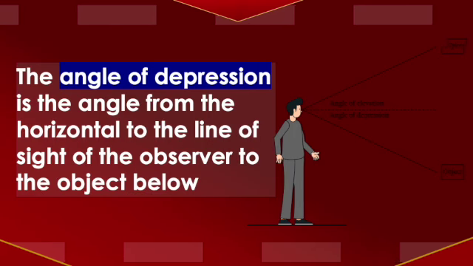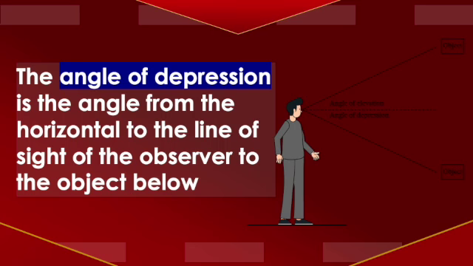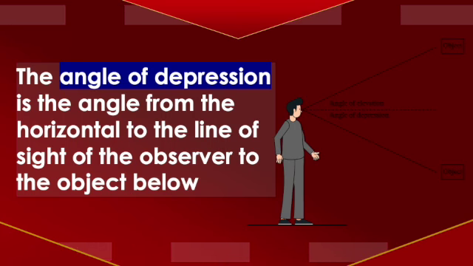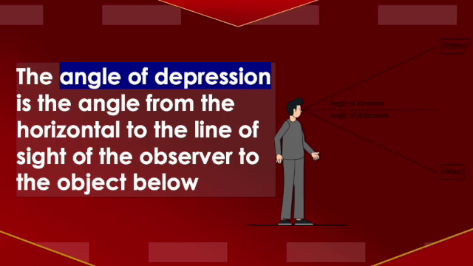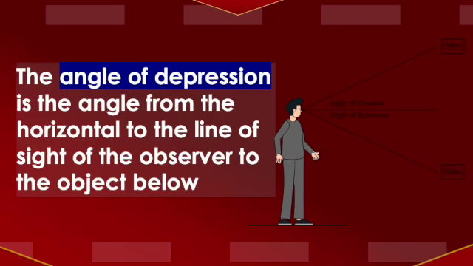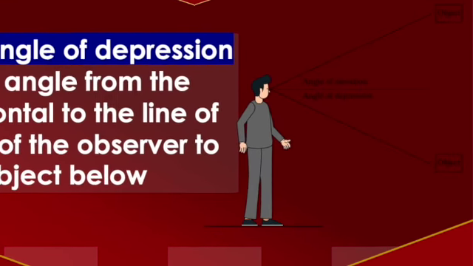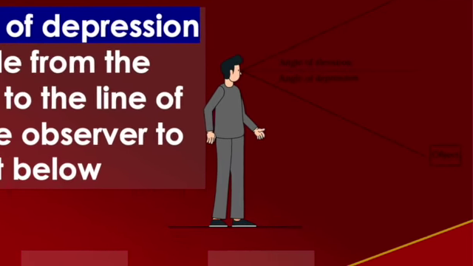So again, let's have some recall about the angle of depression. Let's have a figure here. The angle of depression is an angle from the horizontal to the line of sight of the observer to the object. As you can see, the person in our demonstration figure has a line of sight from the eyes towards the object.